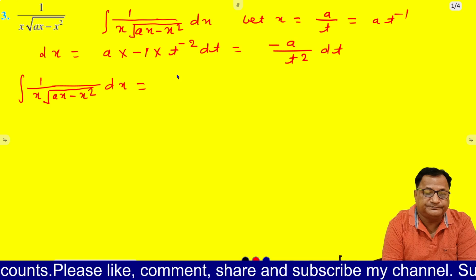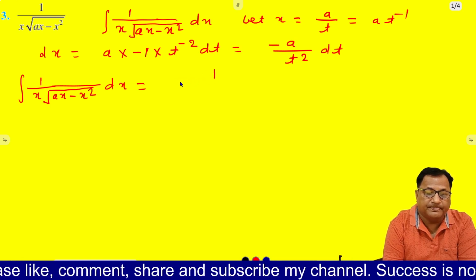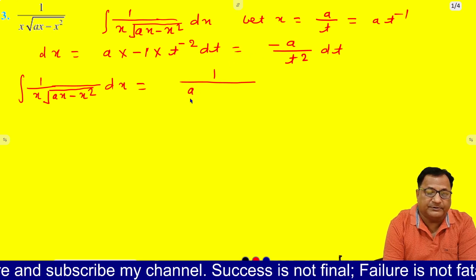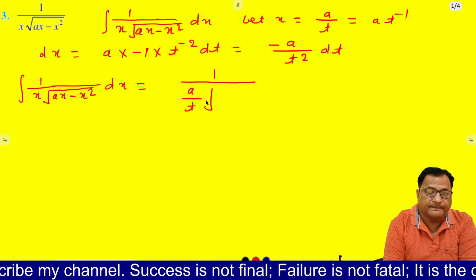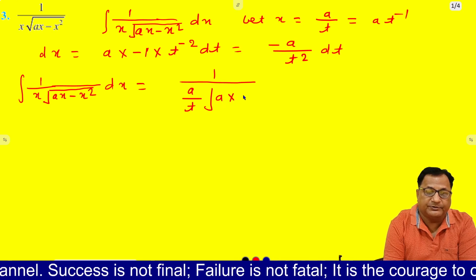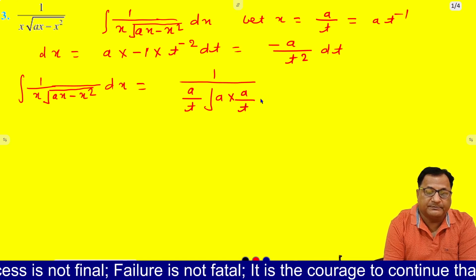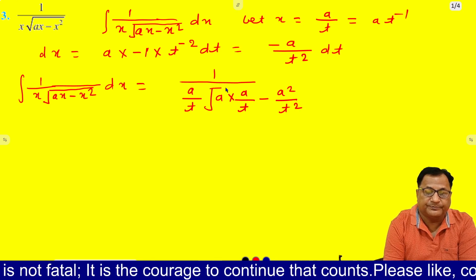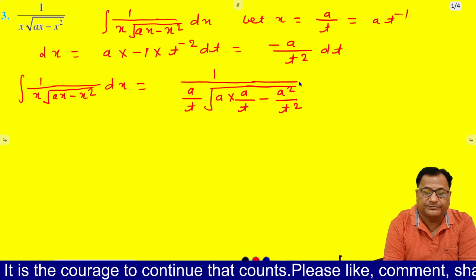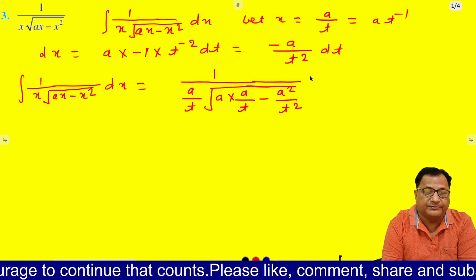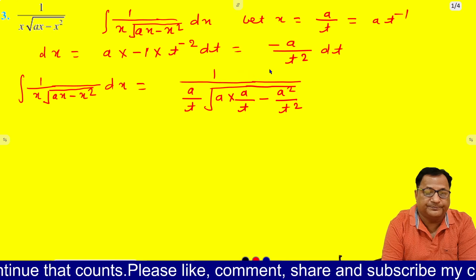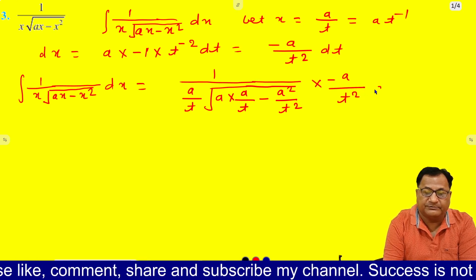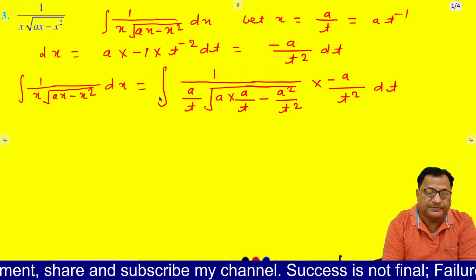We supposed x is a by t, so x is a by t, ax is a into a by t, minus x square means a square by t square, and dx is equal to minus a by t square dt. This we have to integrate.